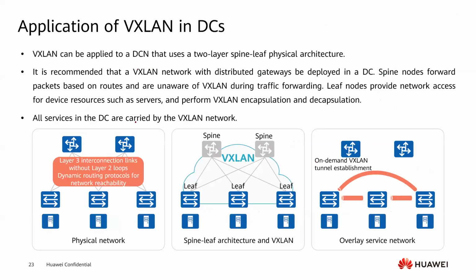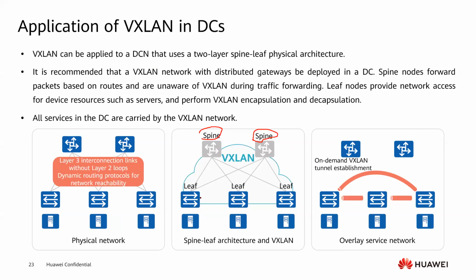Now let's look at some applications of VXLAN in DCs. In the data center network, we use two layers, one layer for the physical architecture: spine and leaf. The spine means the core switches, and it only runs the underlay IGP protocols, or maybe BGP protocols, but only the underlay. The overlay runs within the access switches.